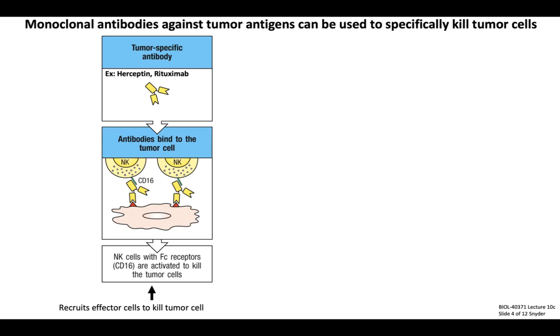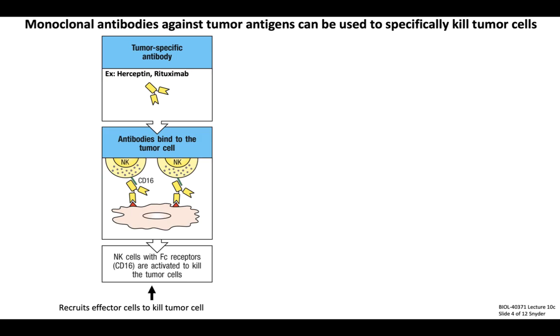Another type of immunotherapy based on defined tumor antigens are monoclonal antibodies that recognize a given tumor antigen. These types of antibodies can be used to kill tumor cells in a number of ways. So first, a tumor-specific antibody by itself can bind to a tumor antigen. This tags the tumor cell for killing through mechanisms like NK cell-mediated antibody-dependent cytotoxicity, which we've learned about previously.